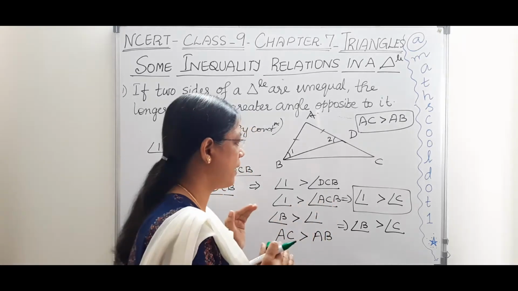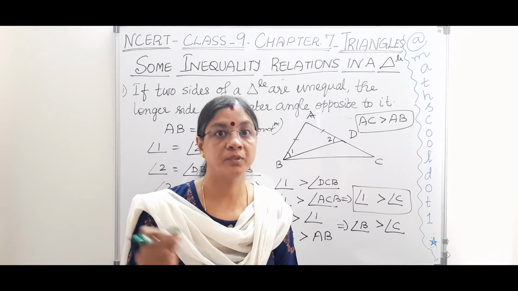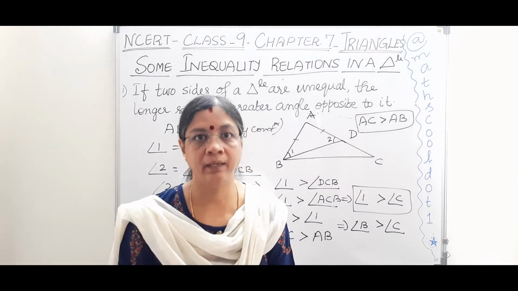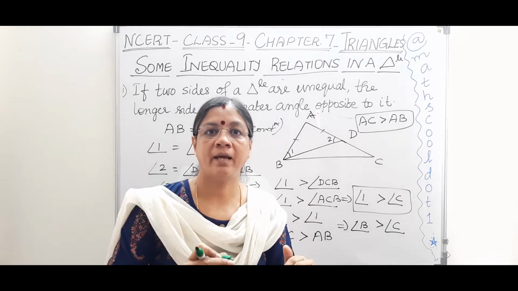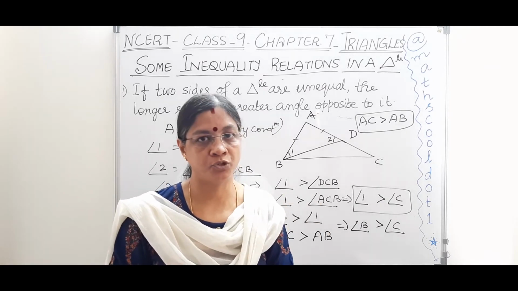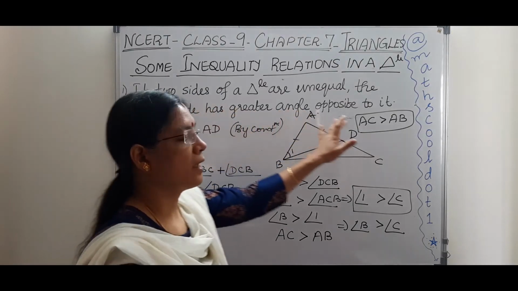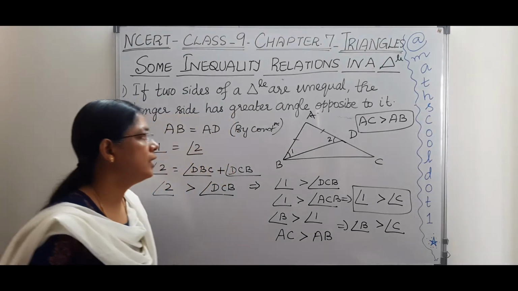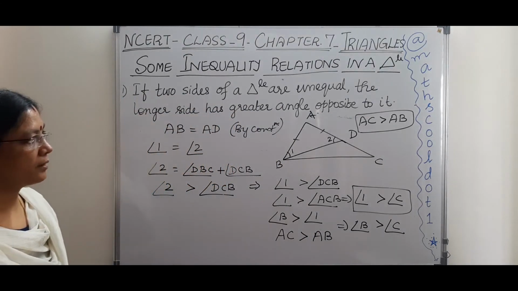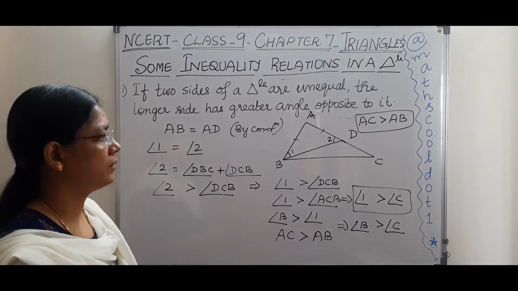And here we have proved that if there are two sides which are unequal in a triangle, then the longer side has the greater angle opposite to it. Do you understand? This is one of the inequality relations in a triangle. Please take a note of it. We'll move on to the next inequality relation.